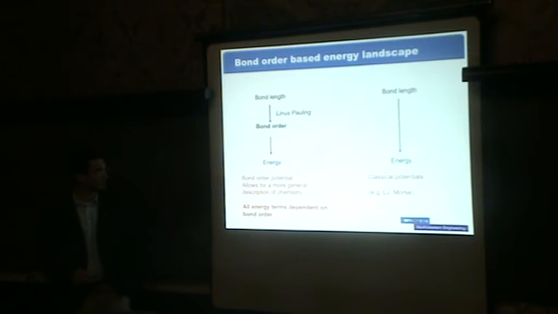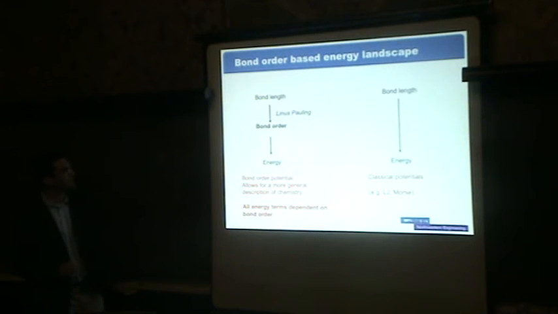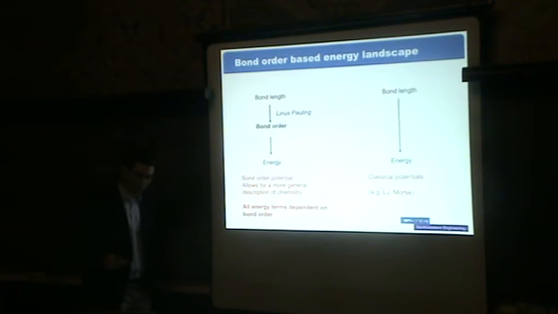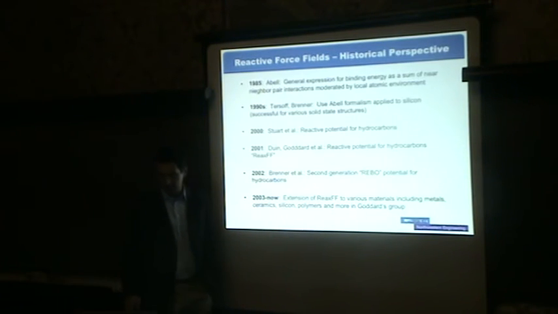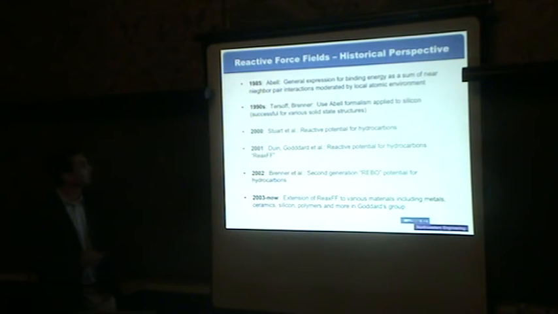Compared with classical potentials, where bond length and energy are directly related, you now have bond length, bond order, and an energy constant. So all energy terms depend on this bond order. Historically, this is not a very new idea, but it has been applied to different kinds of systems, and there are still many challenges as to how we do this.